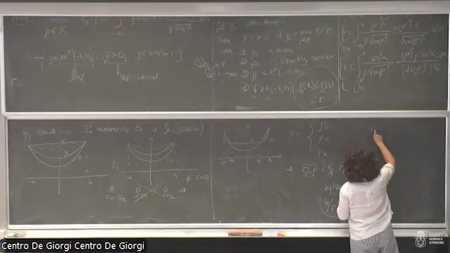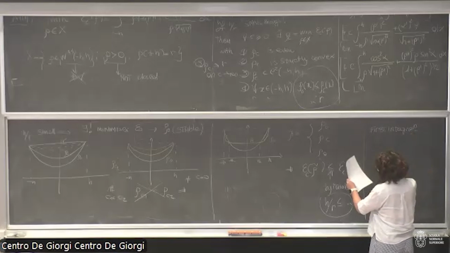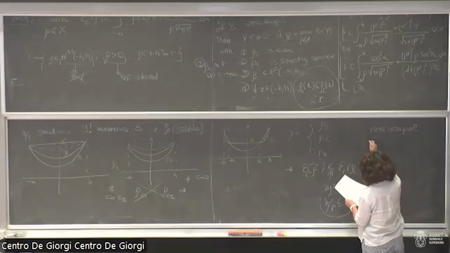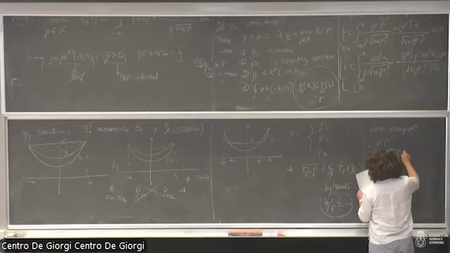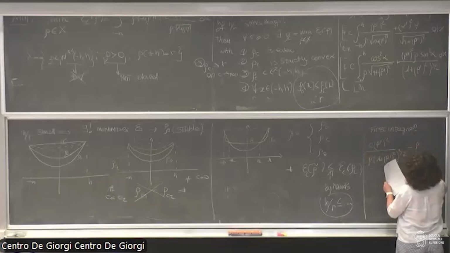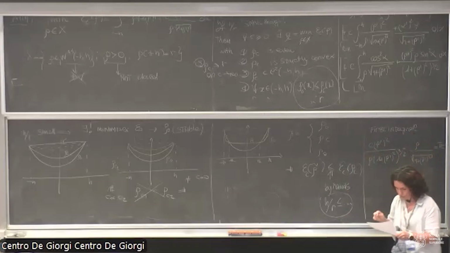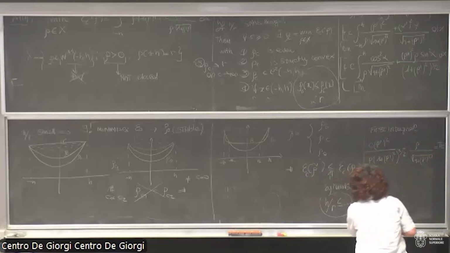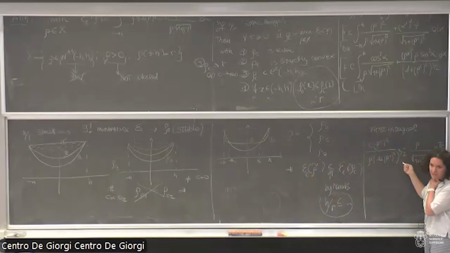If you derive the first integral, what you get is that it satisfies this equation: rho prime square divided by rho times (1 plus rho prime square) to the 3 halves, minus rho divided by square root of 1 plus rho prime square, is equal to a constant. Don't care about what this constant is. But any minimizers of this energy functional are solutions of the first integral.